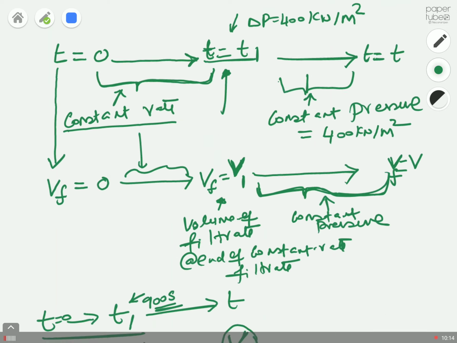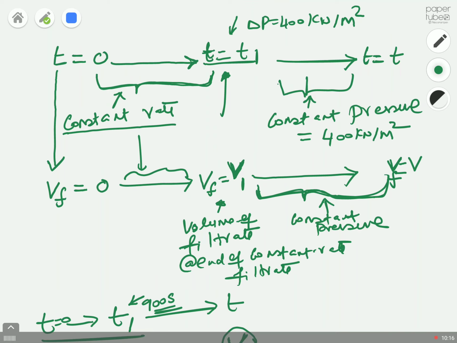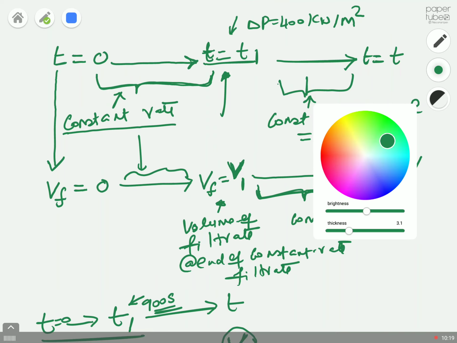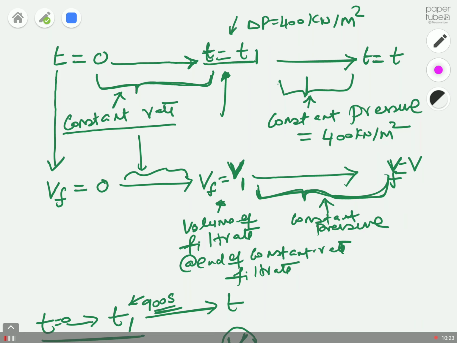So what I'm going to do is, look at the pink lines on the screen. Wherever you see the pink ink, just focus your eyes on that area.